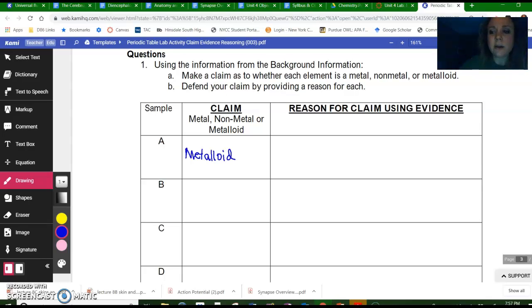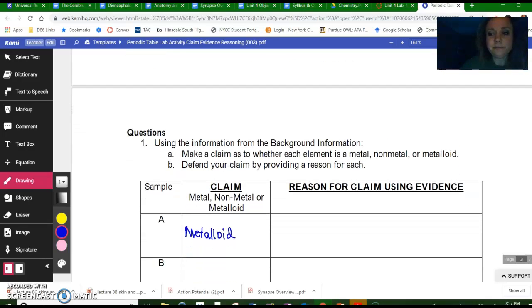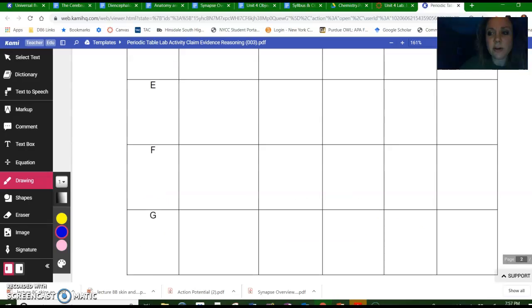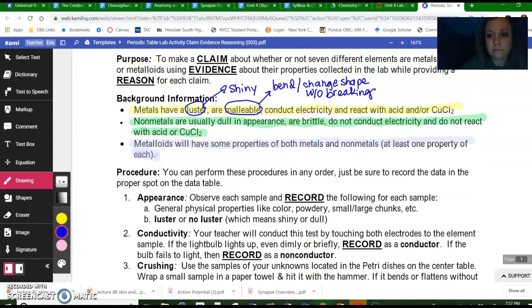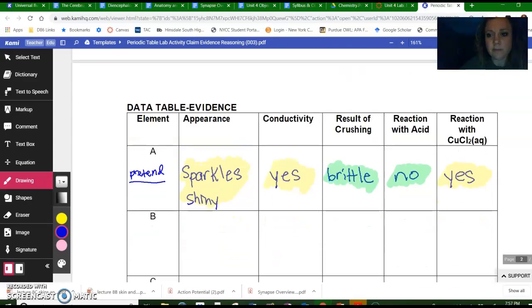So let's look back at my data so that I can write a good claim or evidence statement. Okay, so as we look here, I would say that my element A is like a metal because it sparkles, because it conducts electricity, and because it reacts with copper chloride.